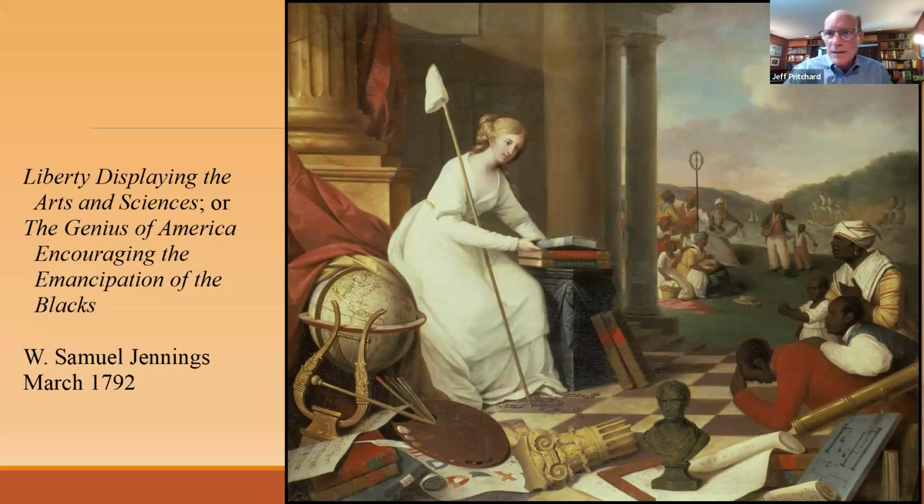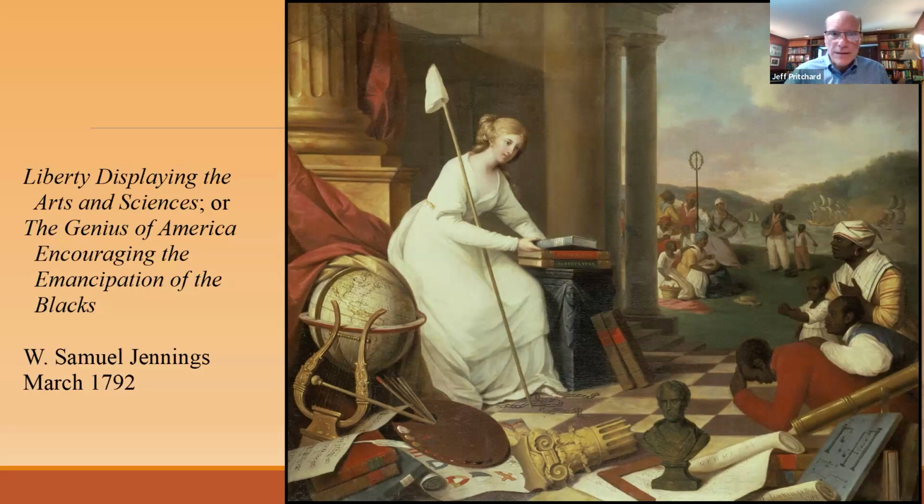Now, the reason this was unusually influential for a painting is because of where it was based. First, it was based in the library, and so all of Philadelphia's, I guess what you'd call intelligentsia, would visit the library and see this painting.